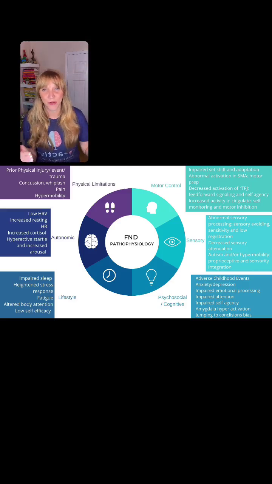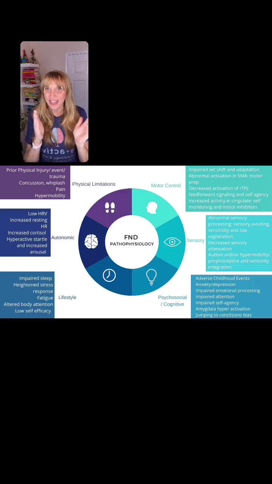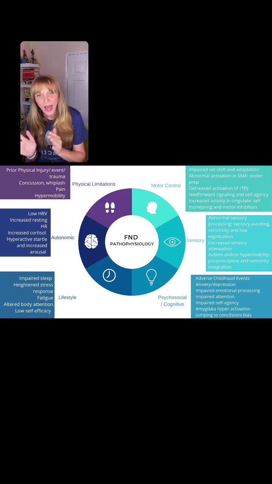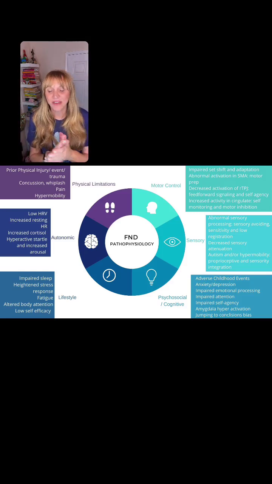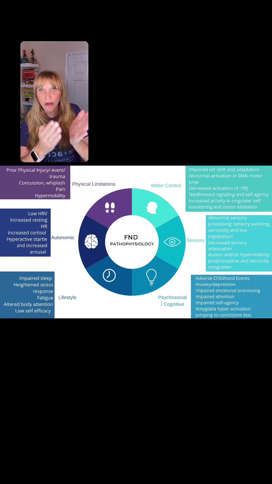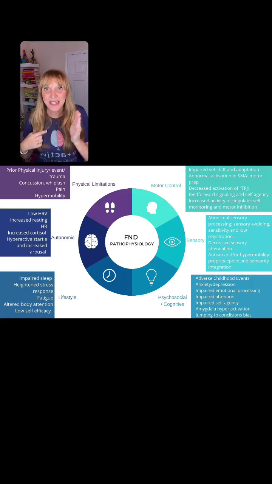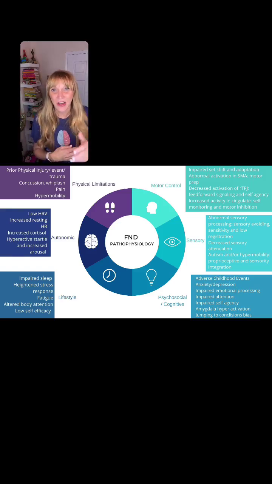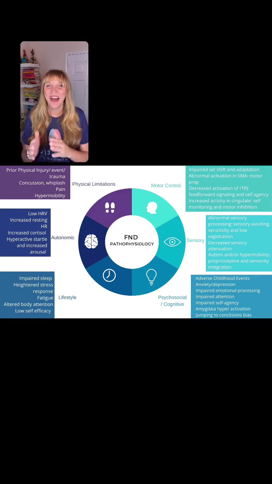That is motor control. So, when I hear all the time that people have been told they were crazy, that they were making it up, that it was all in their head, in terms of FND, what that really is, is not made up, not voluntary, not faking it, but a motor control issue, particularly when it comes to movement.